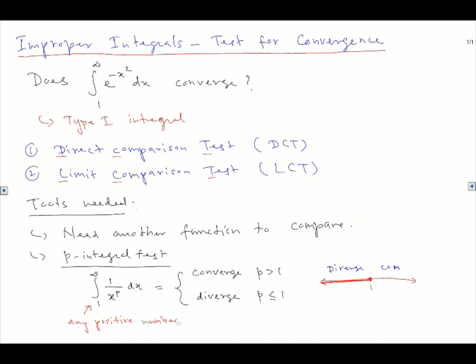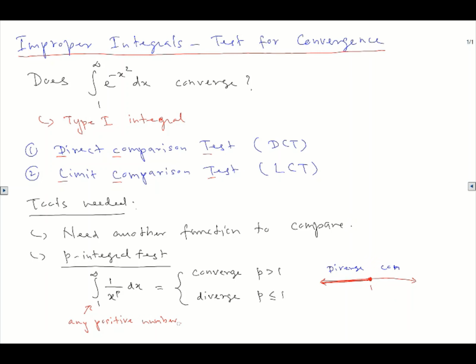So that is what we call the p-integral test. It is very useful in this chapter, and we can use it a lot in this section. It will also be very important in the next chapter when we talk about convergence of series. We're going to bring it to an integral and try to compare most of the time. And there's also a corresponding p-series.